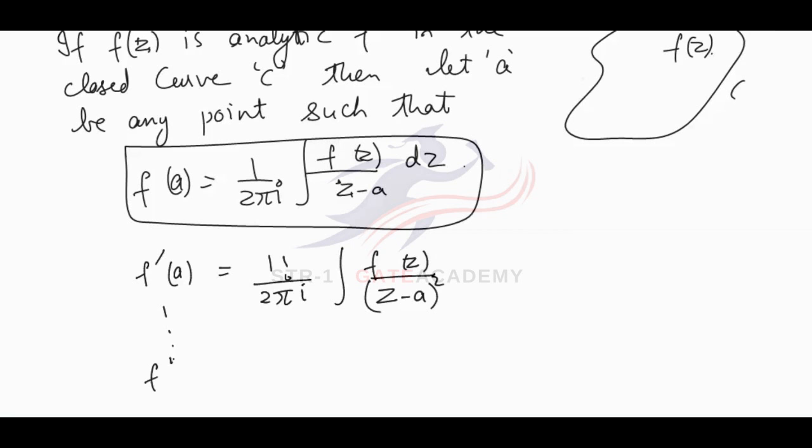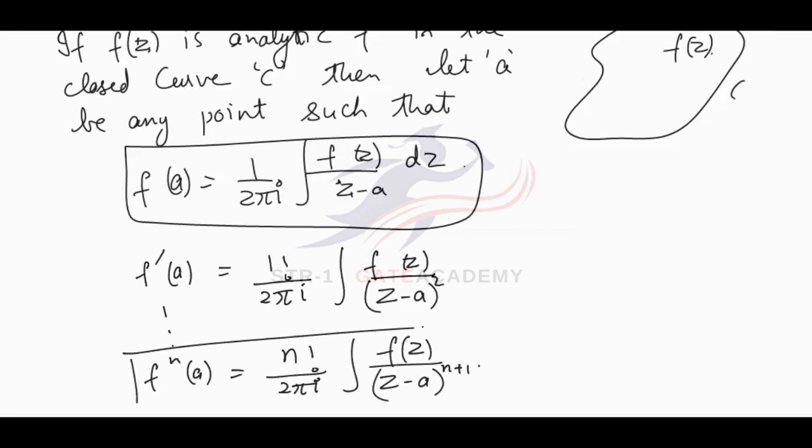And if you extend it to the nth derivative, it will become nothing but n factorial upon 2 pi i, integral of f(z) upon (z minus a)^(n+1). This again can be generalized, right?